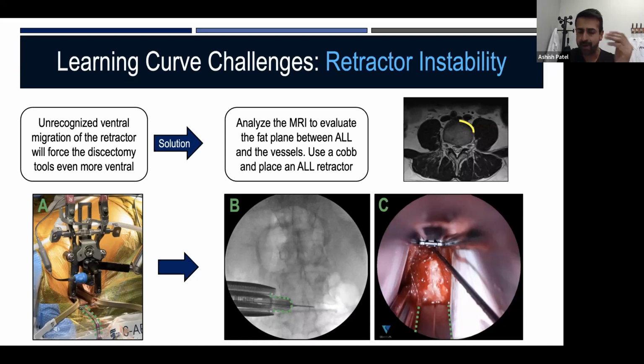Then we work backwards to do our discectomy. What that's allowed us to do is actually do more thorough discectomies. We're releasing the disc space much more widely, which allows us to get nice distraction and nice restoration of lordosis. But most importantly, it tells us where the ALL is and avoids an inadvertent ALL rupture.